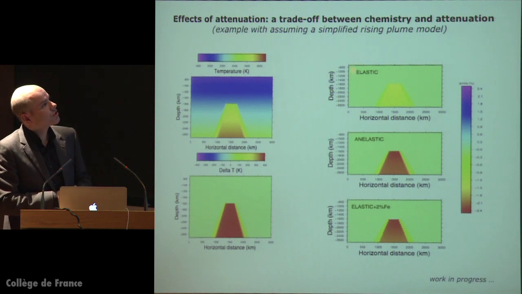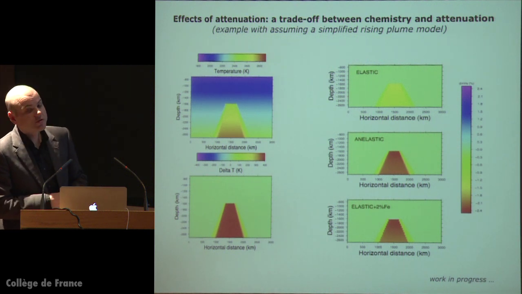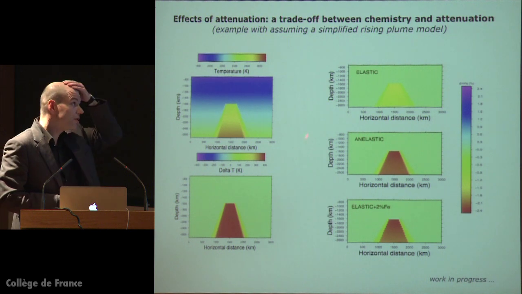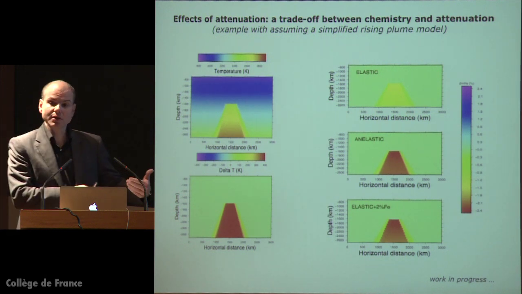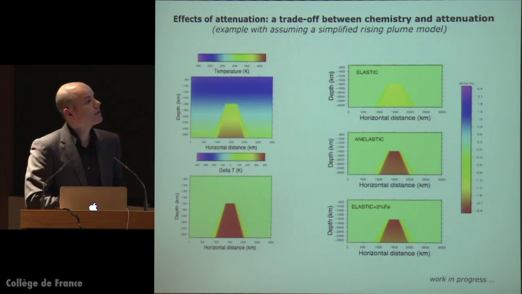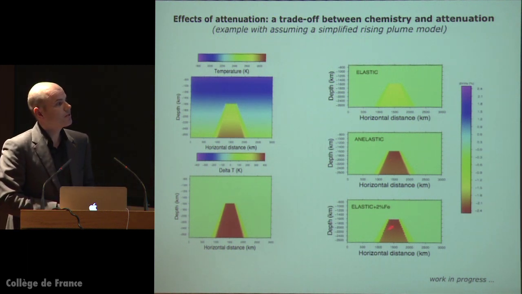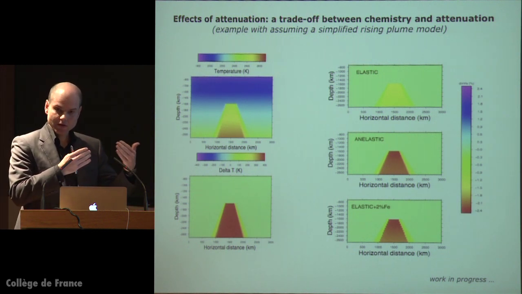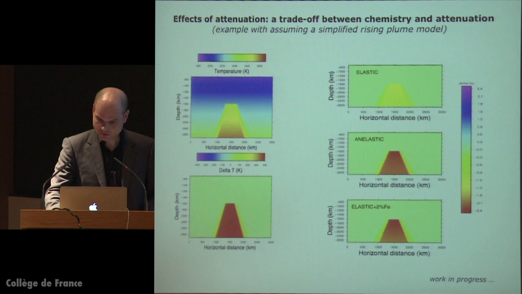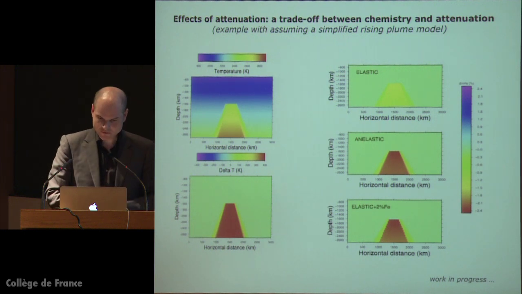And then what I just try to do is, using my partial derivatives, to generate elastic seismic variations, anelastic variations, and then elastic but including some chemistry. And you can see that the anelastic is very similar to the elastic plus the chemistry. So how can one distinguish between the two? That's a question, something that I'm working on now.